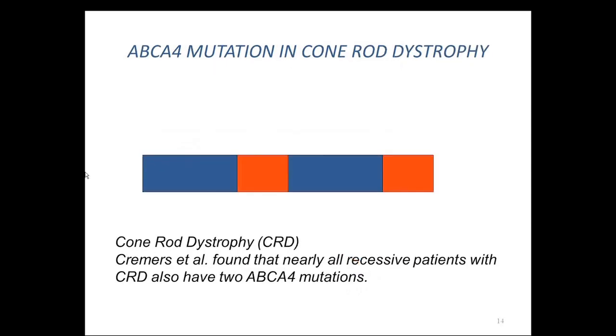Now, a year or 2 later, Frans Cremers in the Netherlands was studying families with cone rod dystrophy, another somewhat similar but clearly distinguishable eye condition. Again, he had recessive families, and he mapped some of them to the same region of chromosome 1, and he found again that those individuals had 2 defective copies of the very same gene, ABCA4.